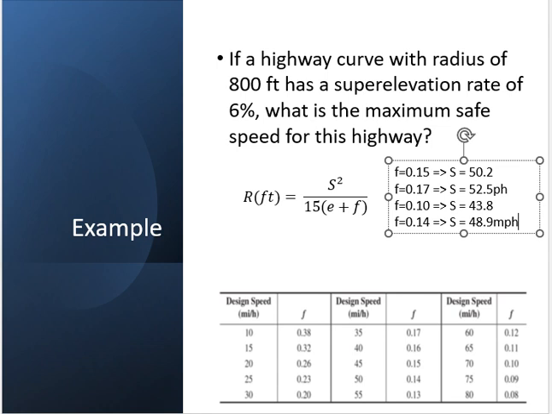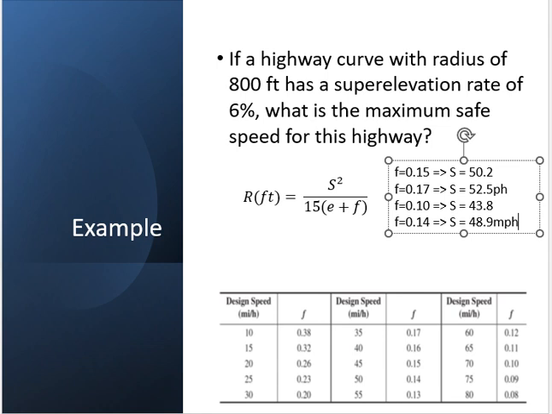So we will stop here, but for the sake of safety, wherever we have to use the speed, I will not say 50, I will say 48.9. We stopped at F of 0.14, which has a speed of 50, but the equation gives me 48.9.